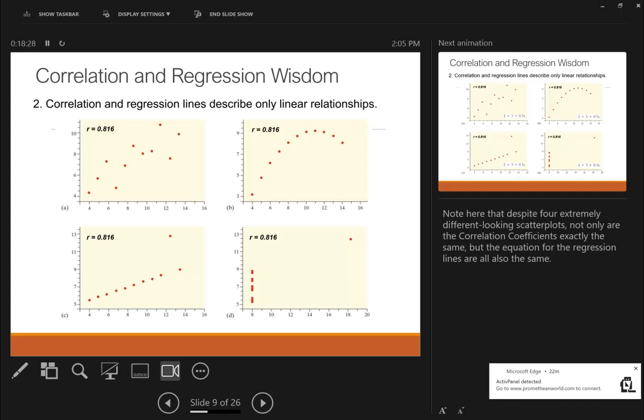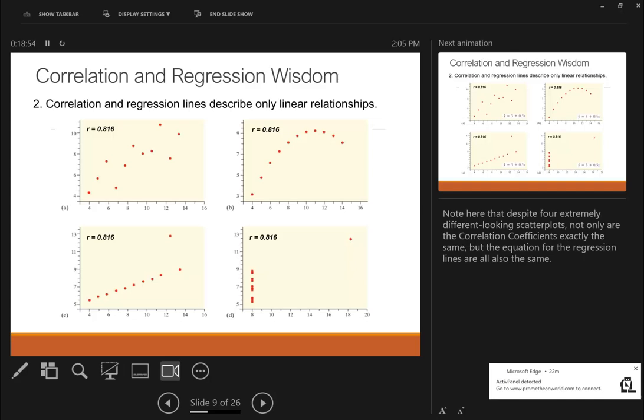What's ruining the R values in some of these cases? Yeah, we have some crazy outliers, right? If you kick this outlier out, what would you expect the R value to be? 0.99, right? Real darn close to 1. How about for this one? Same thing, right? Real close to 1.